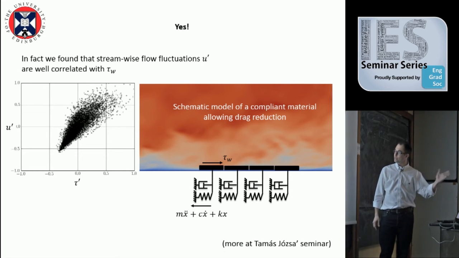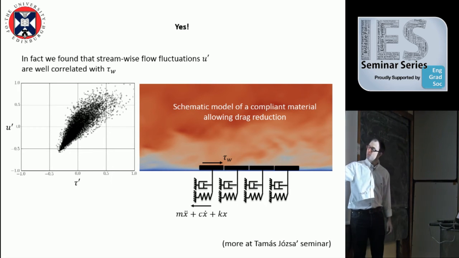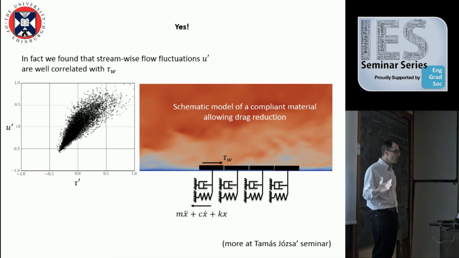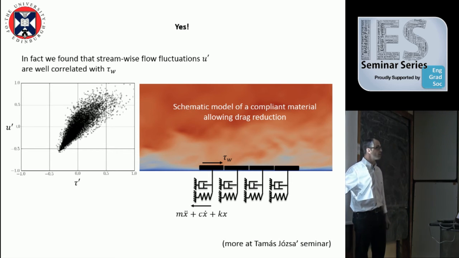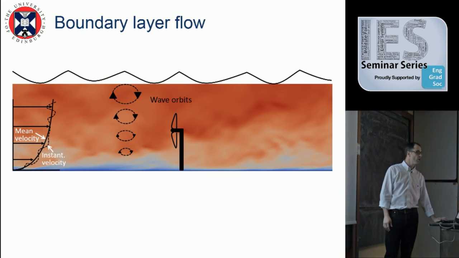So what Thomas is now doing is to run a CFD simulation implementing these boundary conditions into a numerical simulation to provide a proof of concept that this is actually possible, so that we can design microscopic compliant coating which behaves like a spring and a damper in order to decrease the drag of, for instance, a ship.